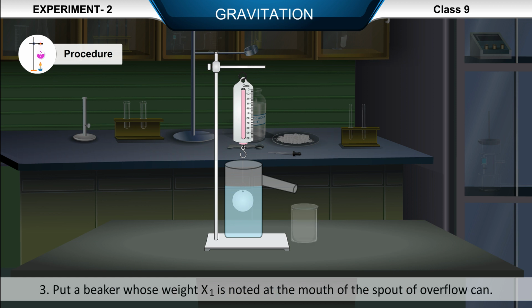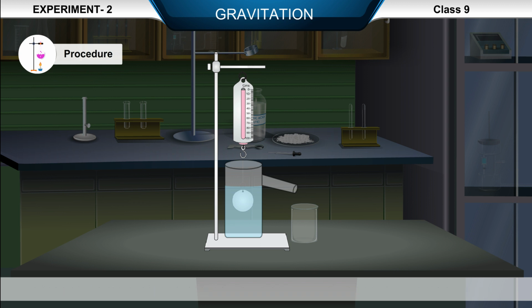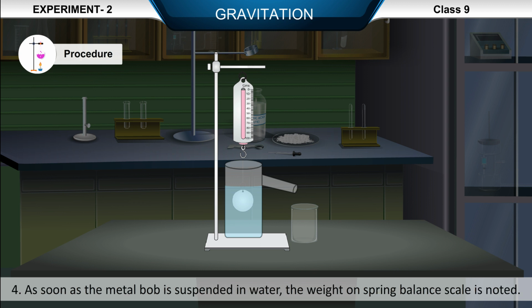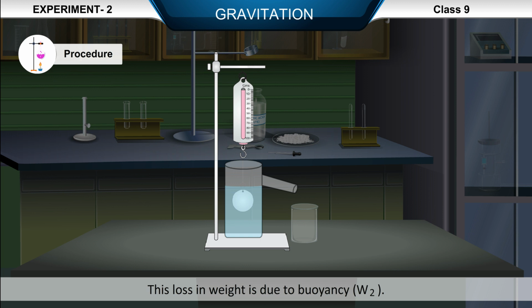Put a beaker, whose weight X1 is noted, at the mouth of the spout of the overflow can. 4. As soon as the metal bob is suspended in water, the weight on the spring balance scale is noted. This loss in weight is due to buoyancy, W2.